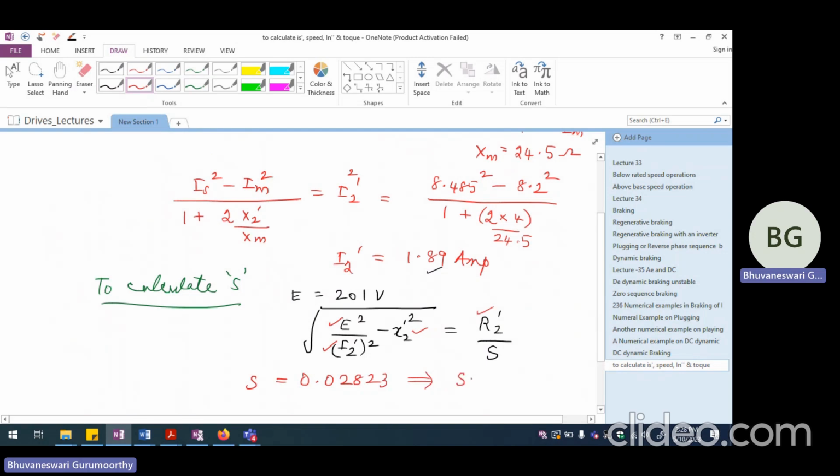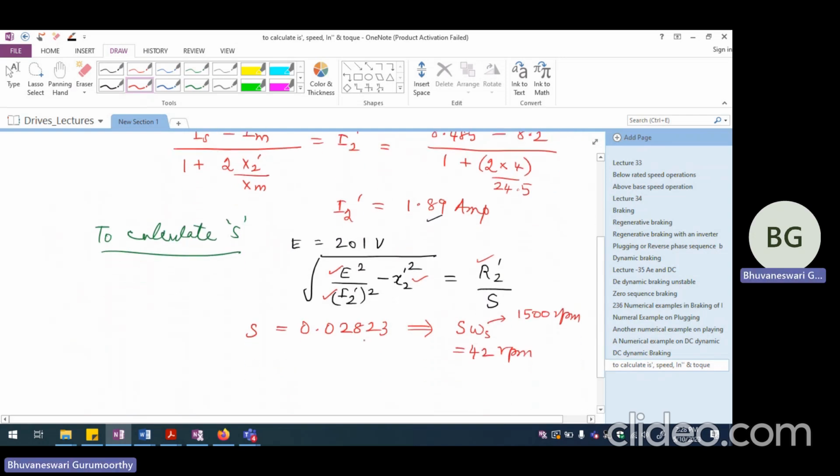So S times omega S, which is 50 Hertz, or in this particular case, because it is a 4-pole machine, 1500. So omega S is 1500 RPM. So this comes out to be 42 RPM. So the speed is 42 RPM.